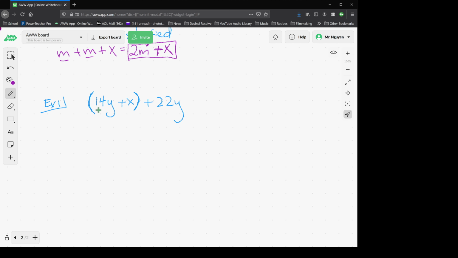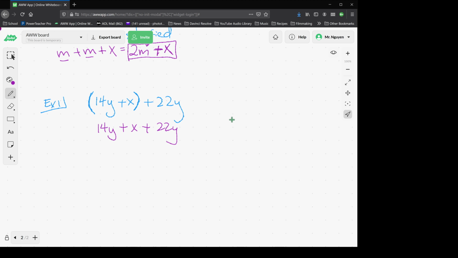Same thing's true here. You can't add 14y and the x because they're two different variables. However, once we decided that we can't add these two things together, the 14y and the x, we can drop the parentheses.